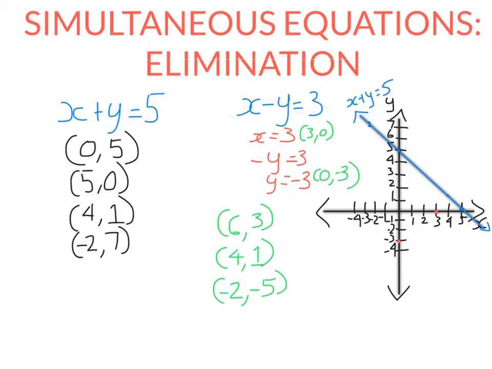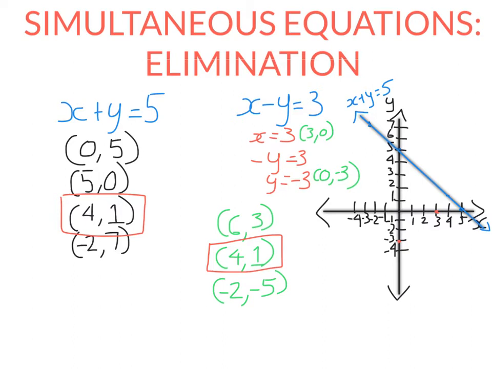It turns out, though, that there will be one special solution. That's a solution to this equation, but also a solution to this equation. And that's this solution here, 4, 1. X equals 4, y equals 1 solves this equation and this equation at the same time.